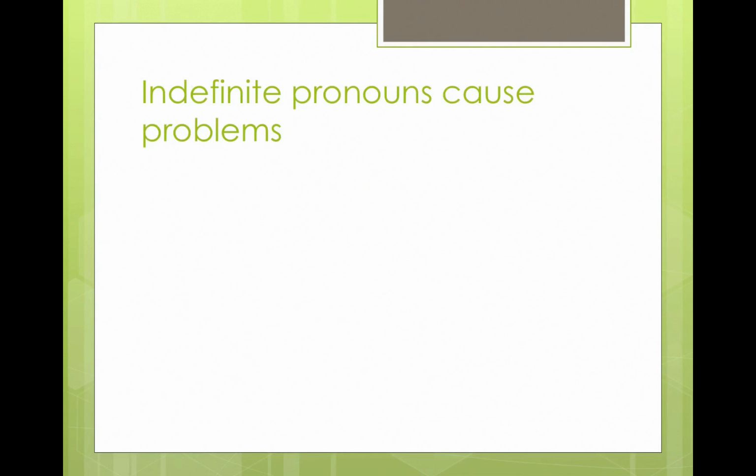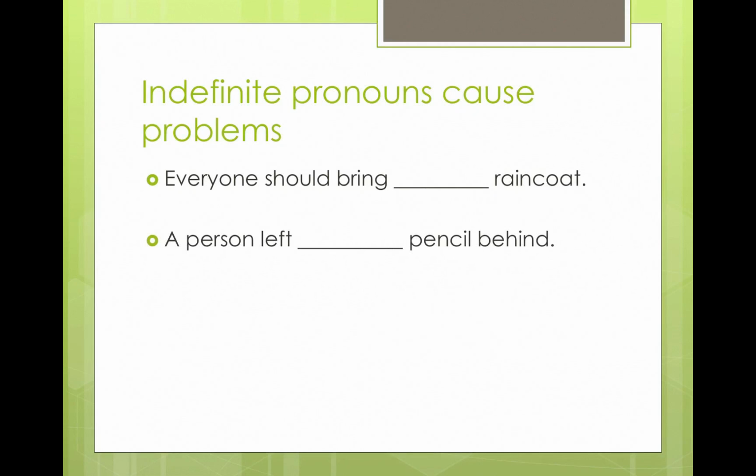But indefinite pronouns, just like we spoke about just a few moments ago, can cause problems. Okay? Look at this sentence and see if you know what goes here. Everyone should bring blank raincoat. Think about this one. A person left blank pencil behind. And what we're trying to do is figure out what pronoun would go there. What pronoun matches with, in the first sentence, everyone? What pronoun would match person?